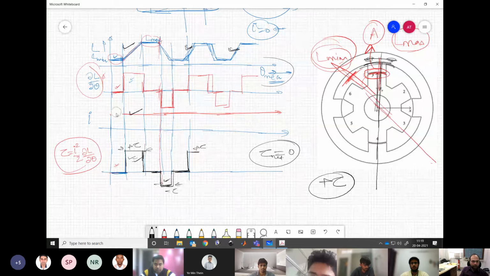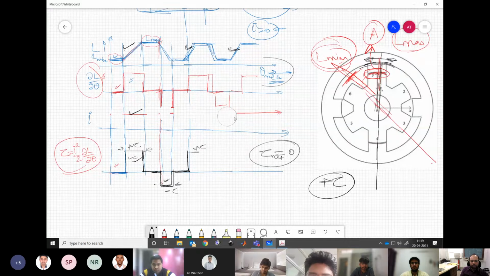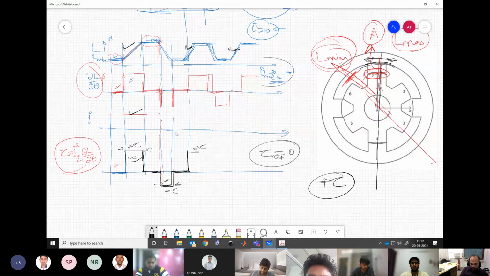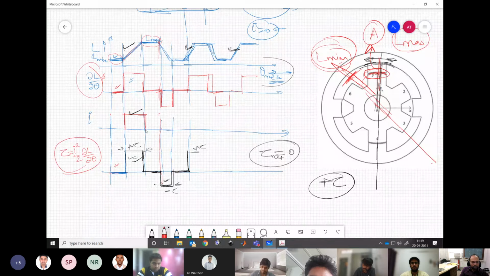Instead of exciting it throughout, we will give current pulse only for certain intervals. So we will give a current pulse here, and then here, and then here, and so on.